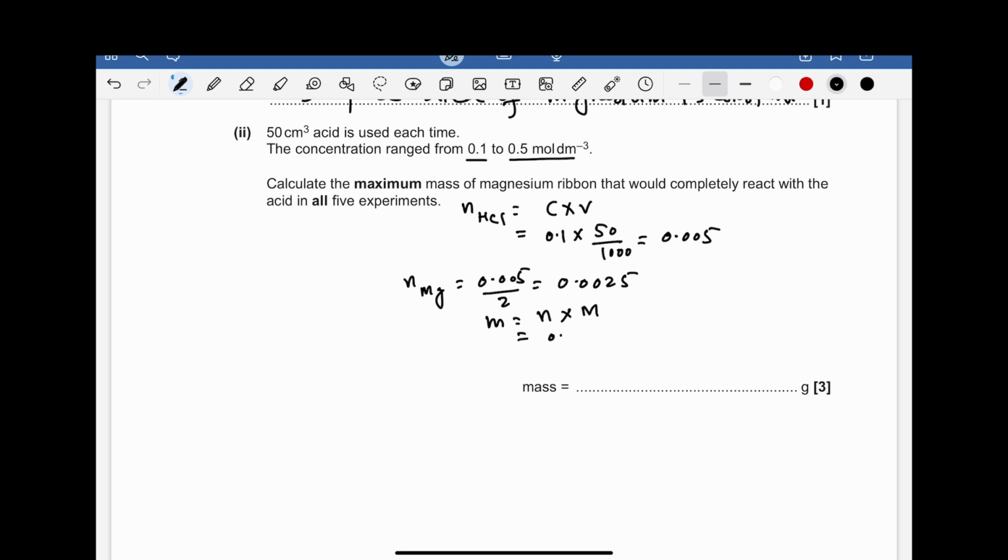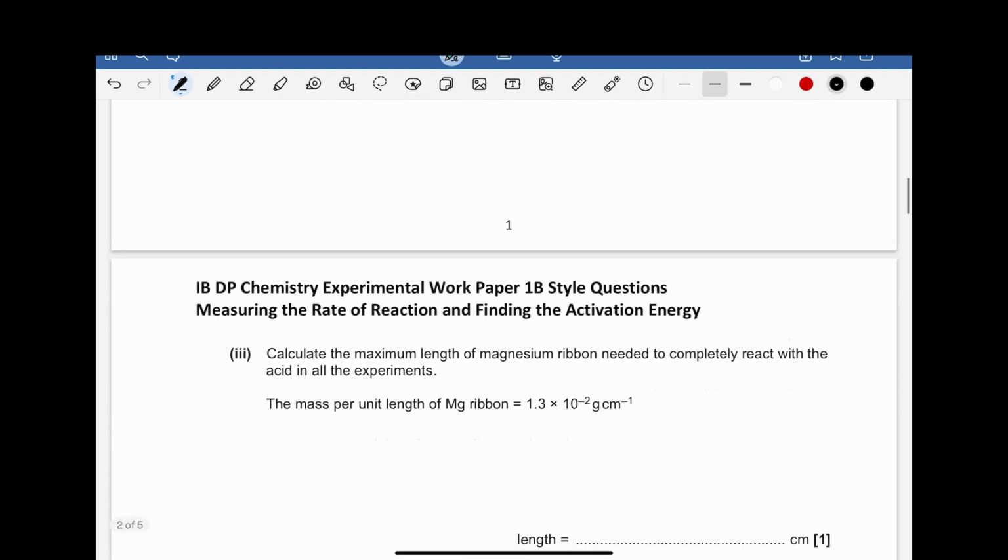The mole is 0.0025 and the molar mass of magnesium is 24.3. If I solve this, that will give me 0.06 gram. So we need to start with 0.06 gram of magnesium.